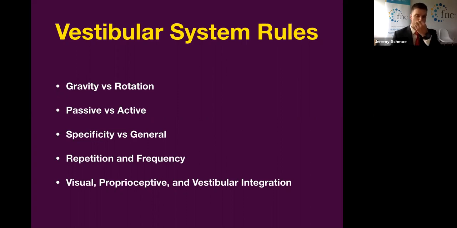Even if it has to do with rotation, say someone comes in and their left side is weak. They say, I turn right and I'm absolutely fine, but I do anything to the left, with head movement or my body turning, and I just feel awful. What happens is that system has found its balance, or its comfort zone, if you will.